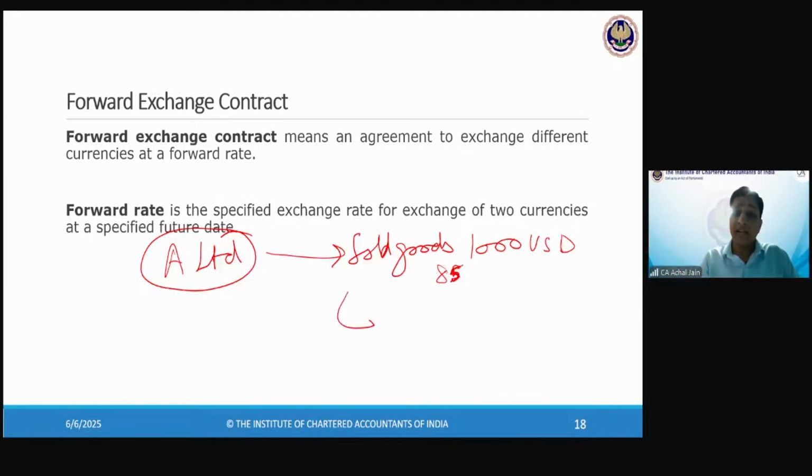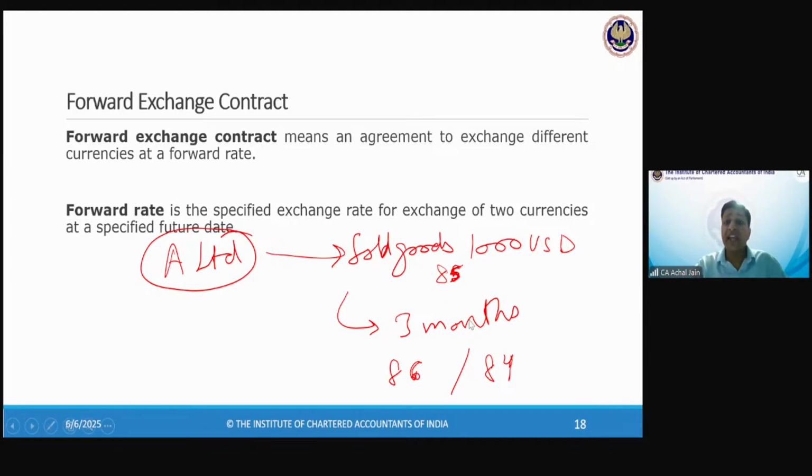Say the money will be collected after 3 months. Now, after 3 months, if this exchange rate becomes 86 or 84, any of the changes are possible.